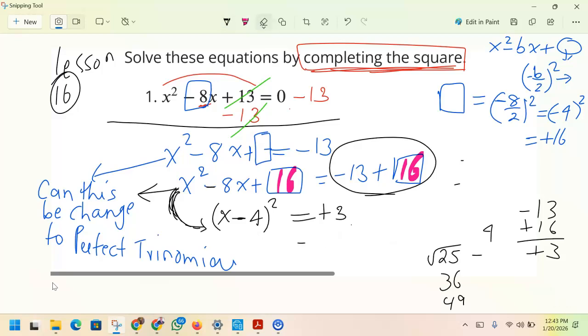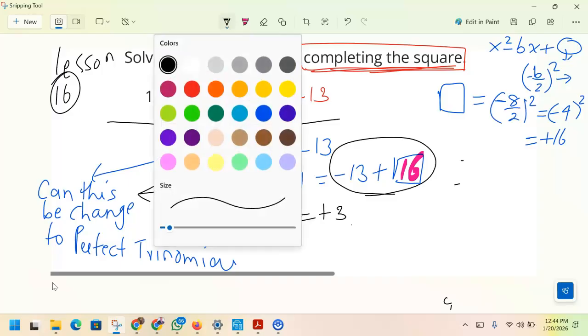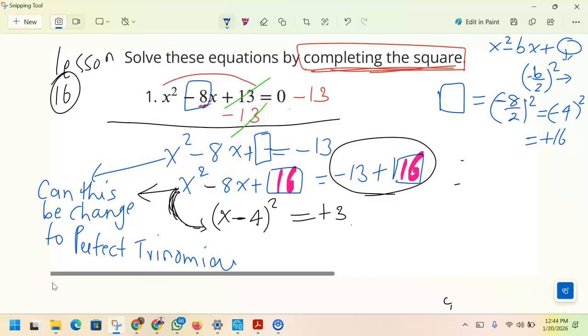Now, we're almost there. I'm taking a little time so that we can comprehend what I'm doing here. Next is you take the square root on both sides. So when you take the square root on both sides, it's like x minus 4. So you take a square root here and also this side.